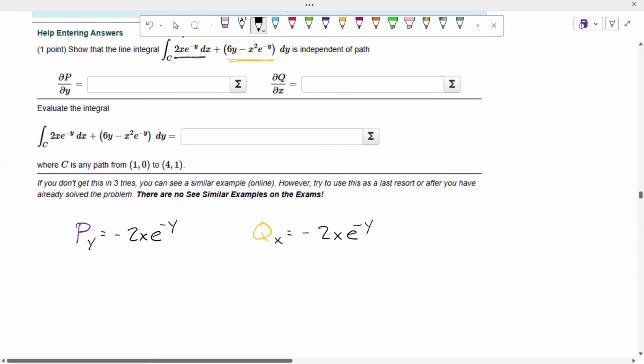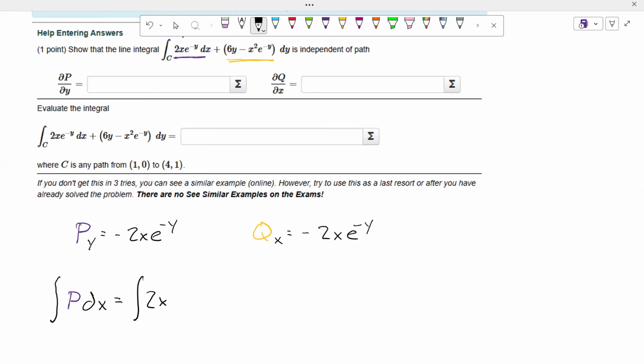Which means I just need to find that potential function. So I should integrate both p and q back up to find the original function. So the integral of p dx, notice I'm not going to be integrating p y. I want to go back up to the original p, which was 2x e to the negative y dx. And I'll calculate an integral there.